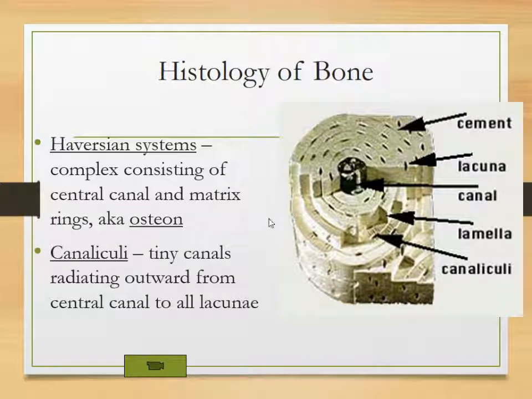The canaliculi are the tiny little canals that run through these lamellar rings and connect the lacunae together. So canaliculi is a fancy term for tiny canals. They radiate or perforate outward from each lacuna, kind of like spider webby looking.